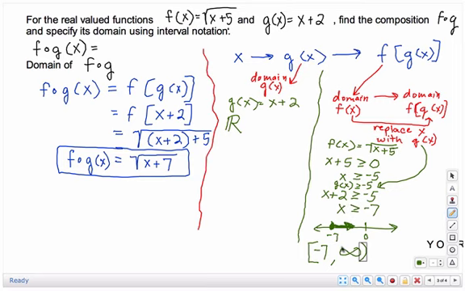And that is going to give you your domain. So basically, remember, we're finding the values of x such that we can plug it into g of x and then plug that result into f of g of x. Okay? That's this part of our solution.